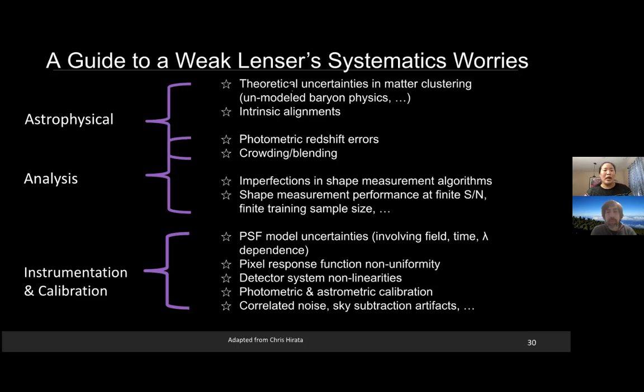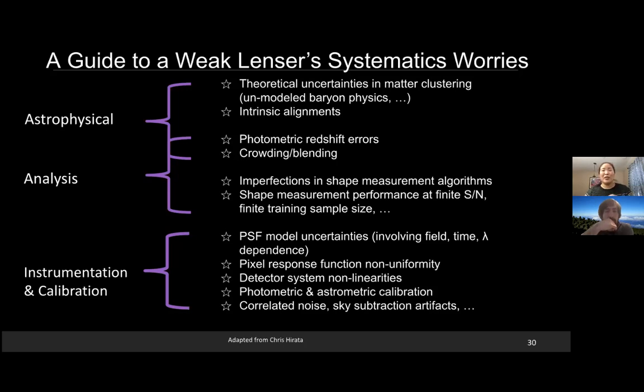And then these two are, from what I understand, the most important modeling or astrophysical uncertainties. I would say intrinsic alignments in particular is a problem because there's not really any fiducial model that's used by all of the surveys.